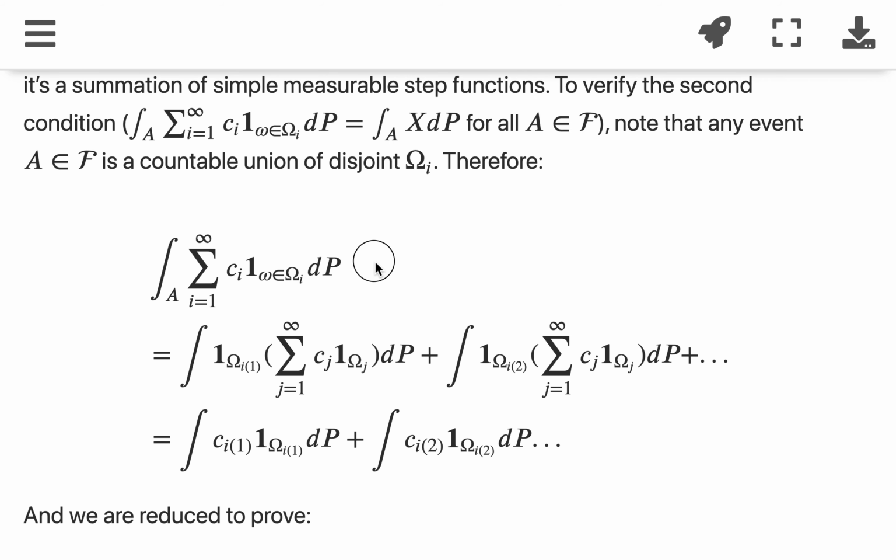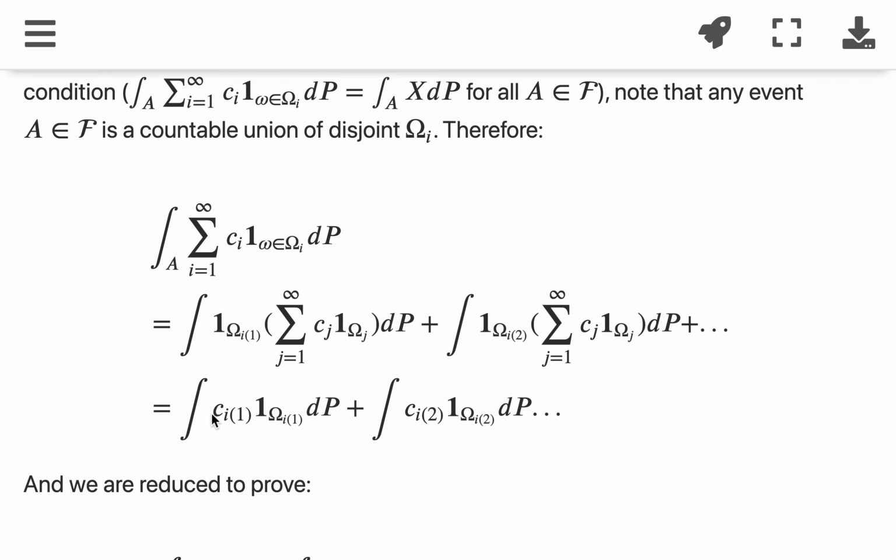Then this integral can be separated over each omega i because they're disjoint. If we multiply this by our candidate, because they're disjoint, they only match when the indicator inside the summation matches, and each term becomes c_ij times the indicator of omega i_j.